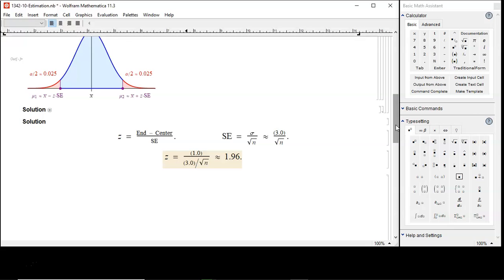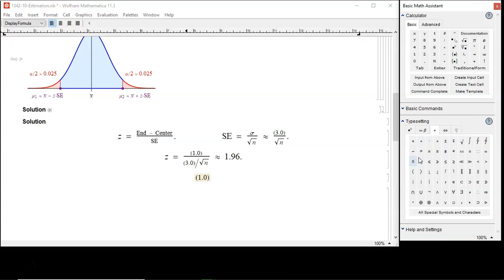Okay, how do you solve it? Well, multiply both sides by denominator. Then I'm going to get 1.0 is equal to 1.96 times the standard error, but standard error is 3.0 over square root of n.